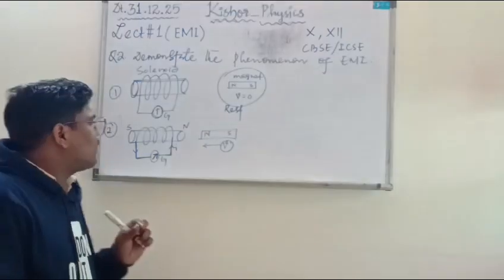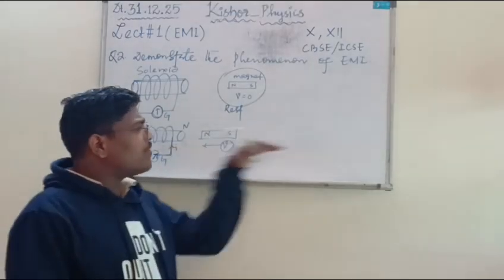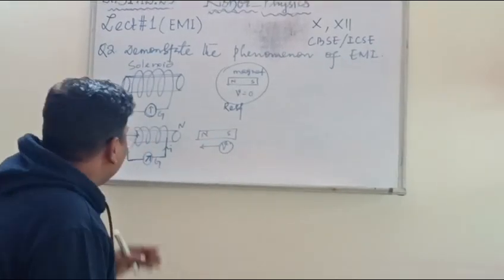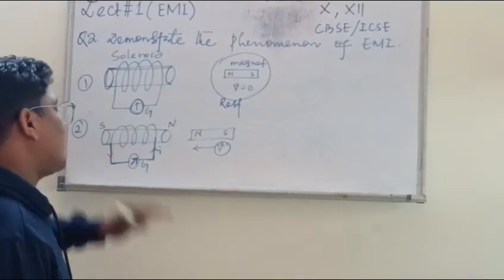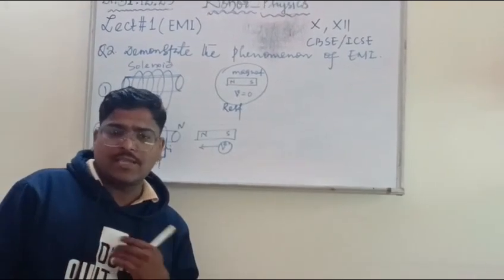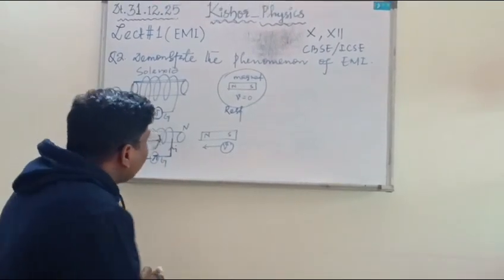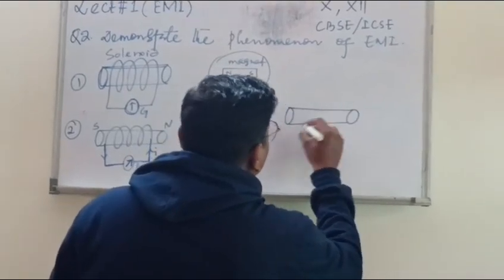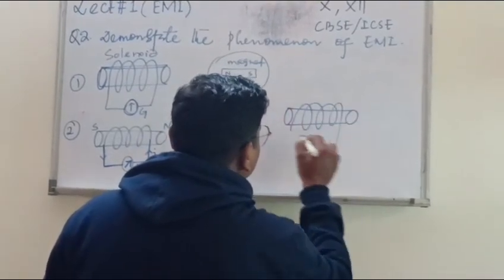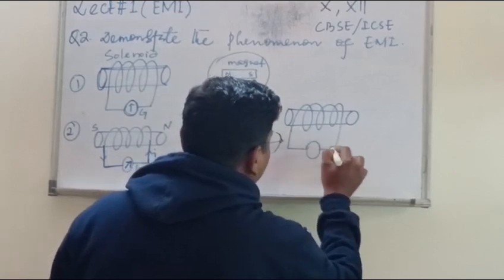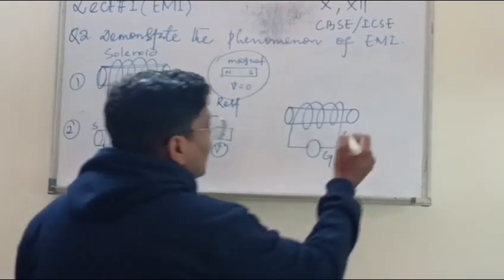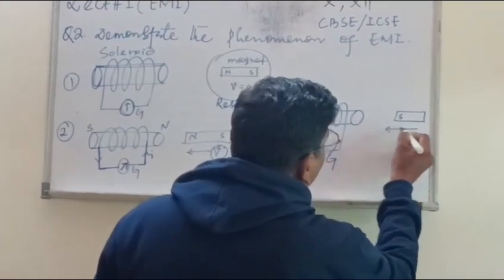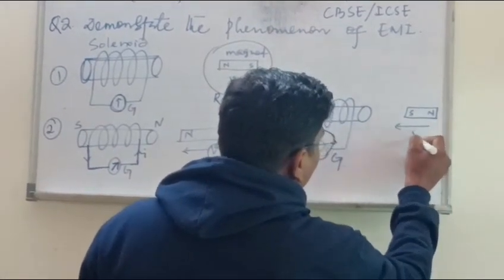So what you observe here is, if you reverse the direction in case 4 that we have seen earlier, the induced EMF का direction भी change हो रहा है, right? Let me explain another case. Suppose here is the solenoid attached to the galvanometer, and now I am bringing the south pole, and here it is the north pole.